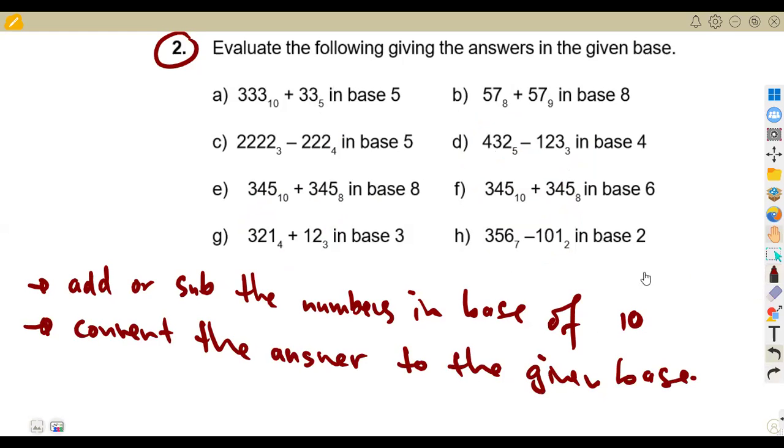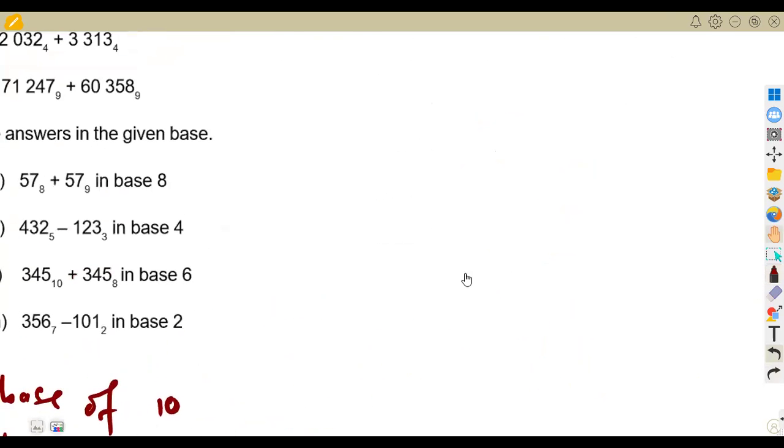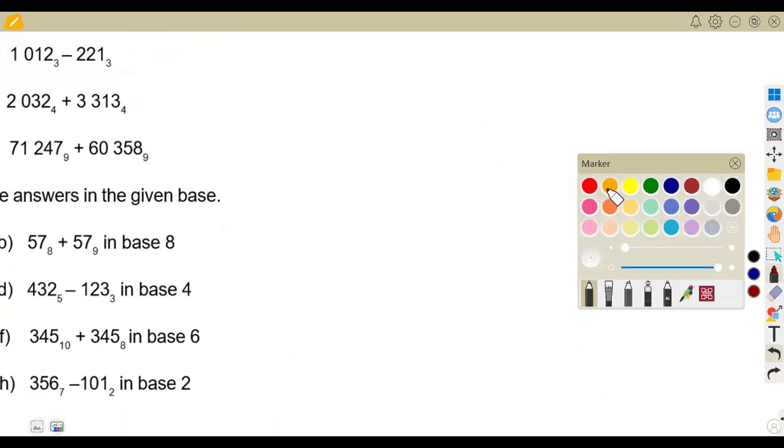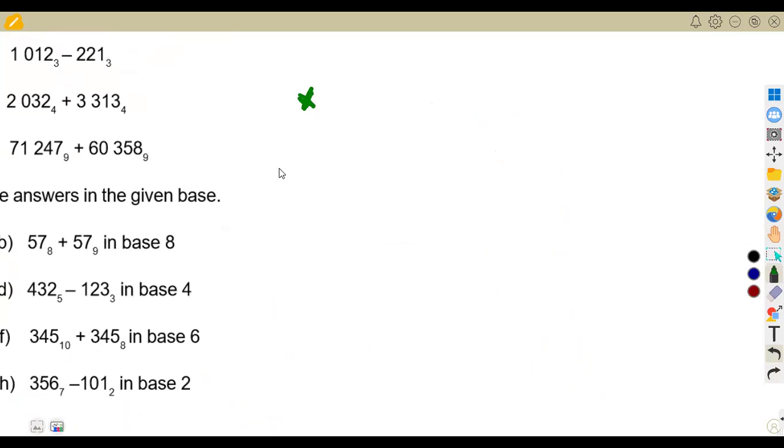Or what can we do? Instead of writing these numbers in base 10, we can simply work out the given questions in the given base. We are supposed to have it in base 4, in base 6. We can add these numbers in base 6 or base 8. So you convert the given numbers to the required base. That is the first thing that you can do.